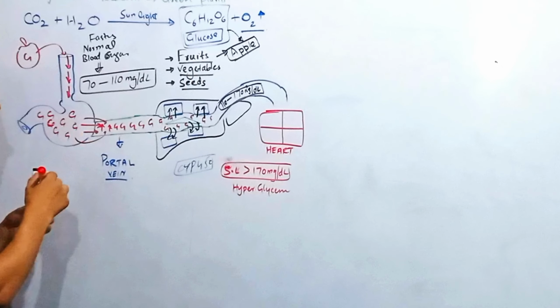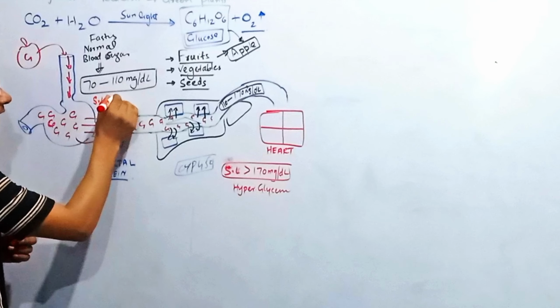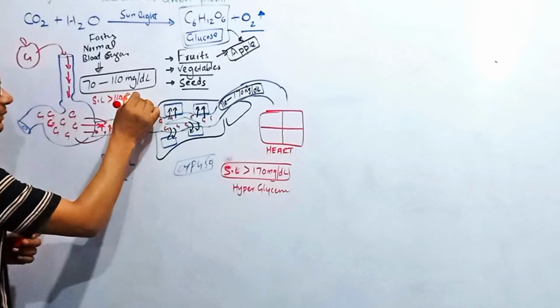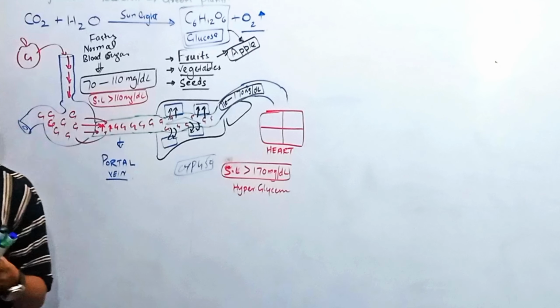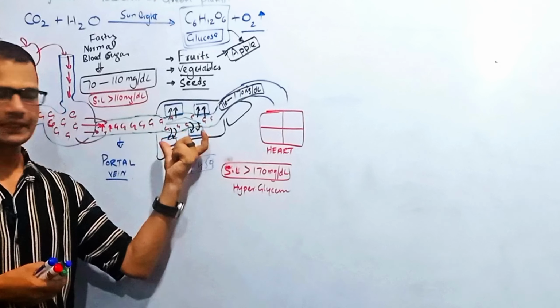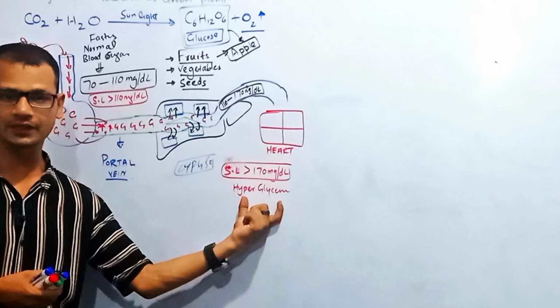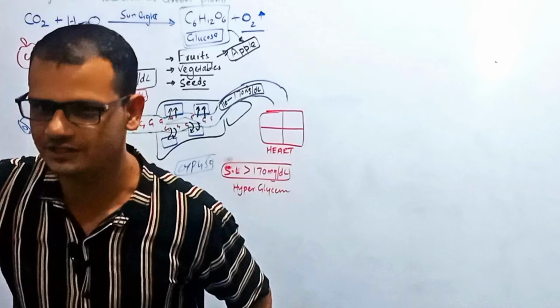And in fasting condition, when the blood sugar level is greater than 110 mg per dl, it is called hyperglycemia, right? So this liver is responsible for preventing hyperglycemia, but this liver is also responsible for preventing hypoglycemia.